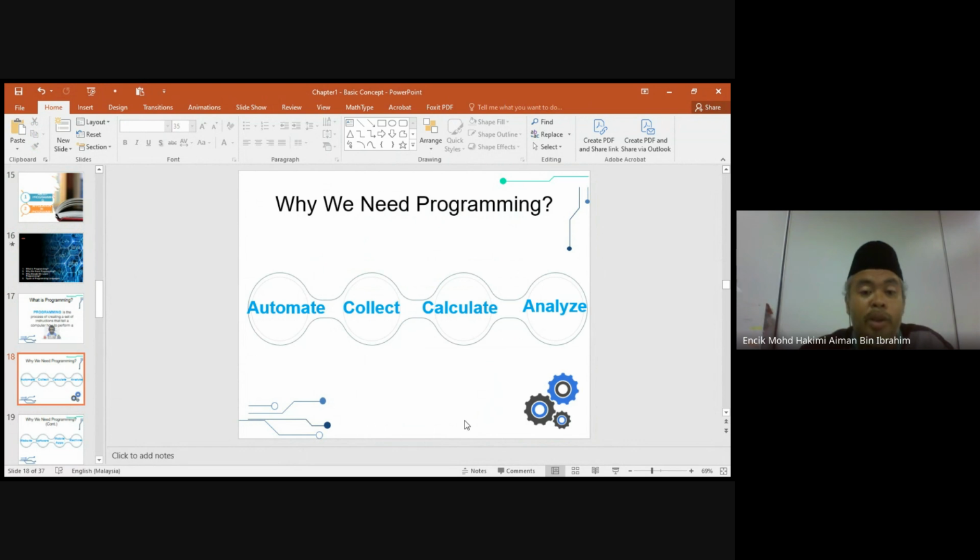For example, if we want to calculate 1 plus 2 plus 3, very simple, right? Even we don't need our calculator. But if we need to calculate very big numbers, maybe 1345 multiplied by 1003, for example, we need to use our calculator.